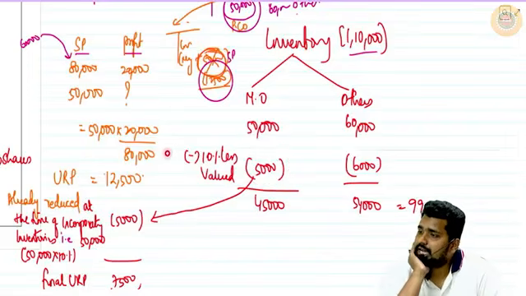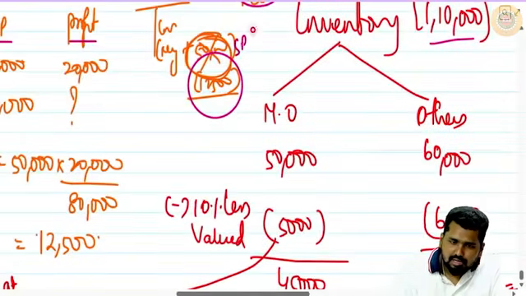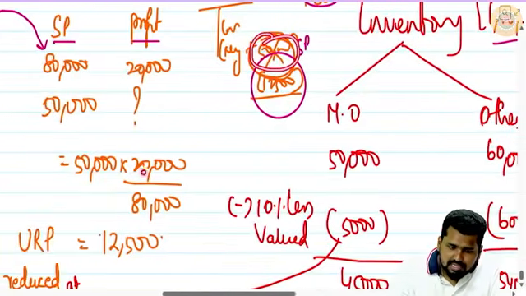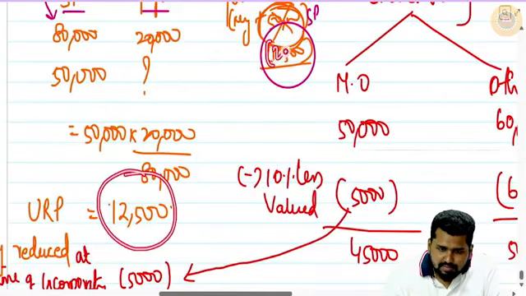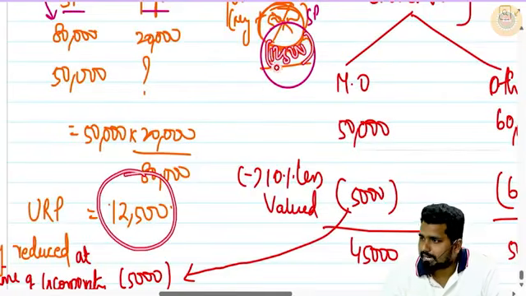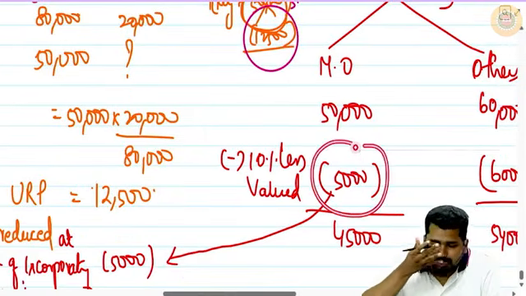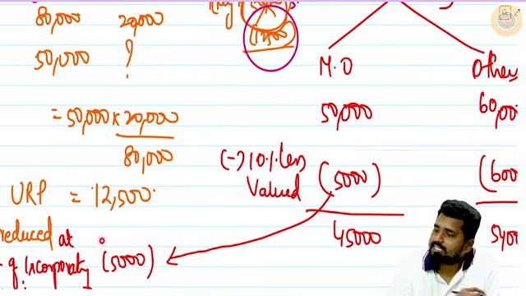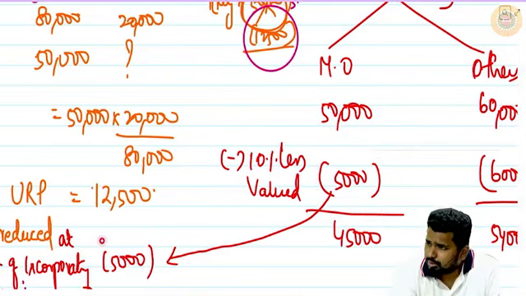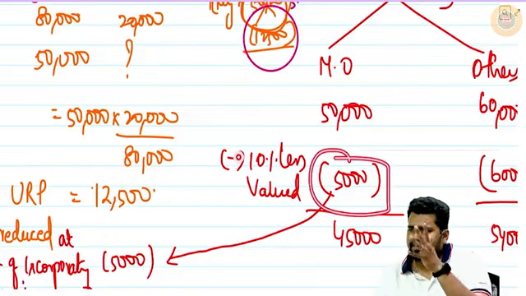Accountancy says in this 50,000 unrealized profit is 12,500, so 12,500 is what I have to subtract. But at the time of incorporating the assets you already subtracted 5,000. What is the meaning of that? It means 5,000 you cannot realize.